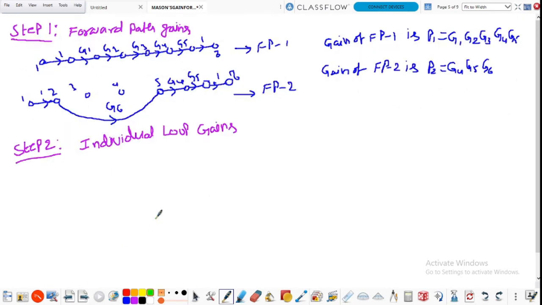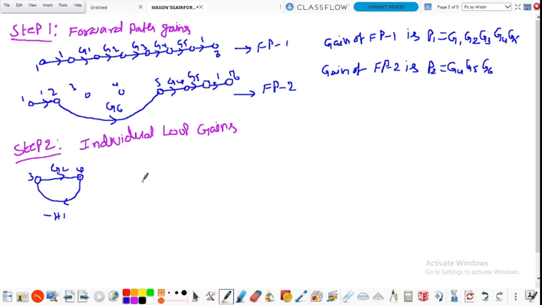So given that there are three individual loop gains, they are: node 3, node 4, 3 to 4, this gain is G2, 4 to 3, and this gain is minus H1.